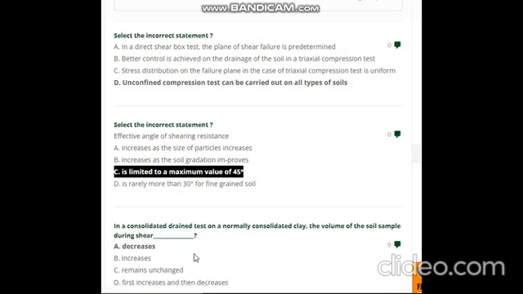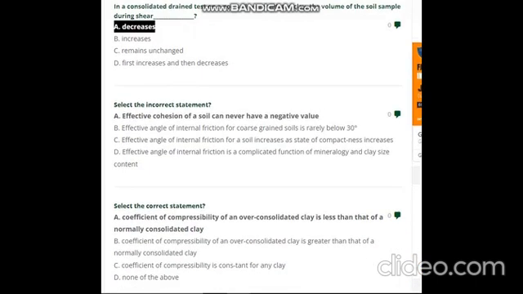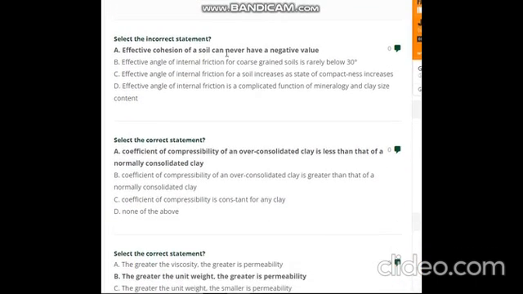In a consolidated drained test on normally consolidated clay, the volume of soil sample during shear decreases. Select the incorrect statement. Effective cohesion of soil can never have negative value. Select the correct statement.